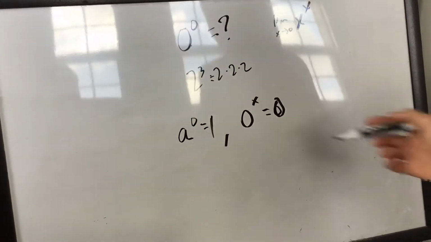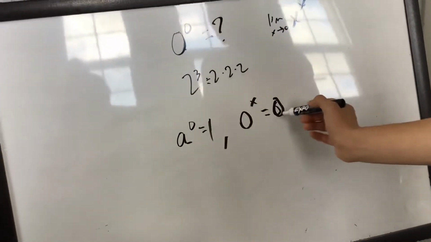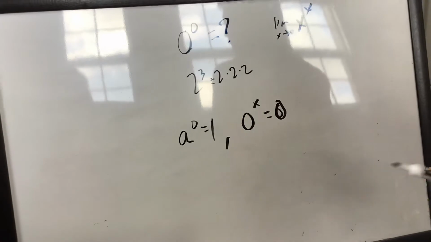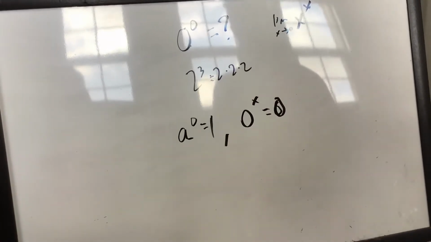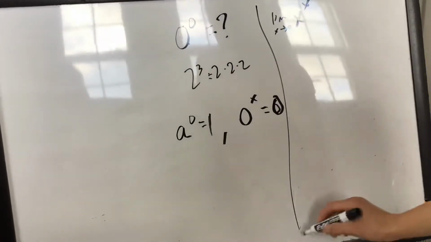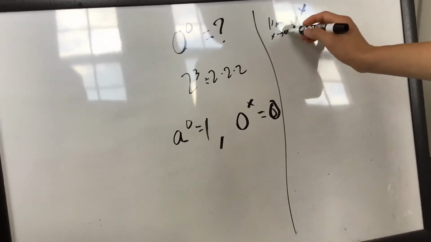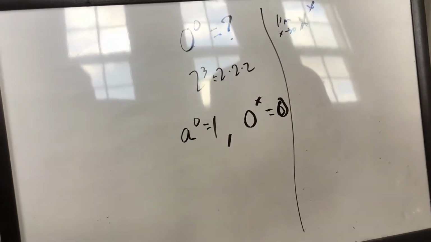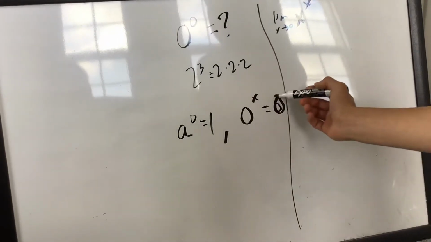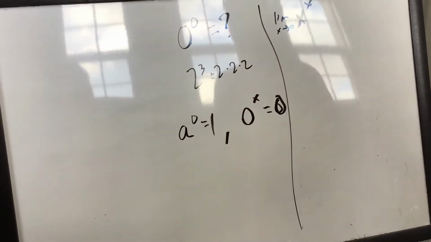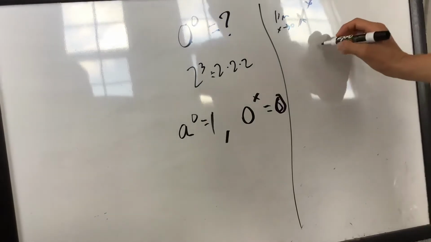And we know it has to be either 1 or 0 by the two conflicting rules. So let's start plugging in numbers, because if we plug in numbers that slowly go down to 0, we can find a limit. And if we see which one it's going to, 1 or 0, we can find the answer to 0 to the power of 0.